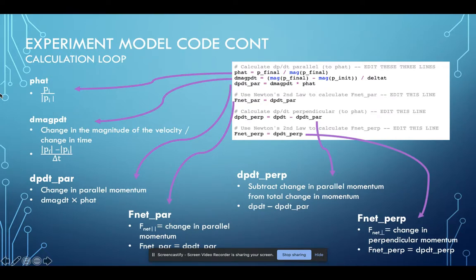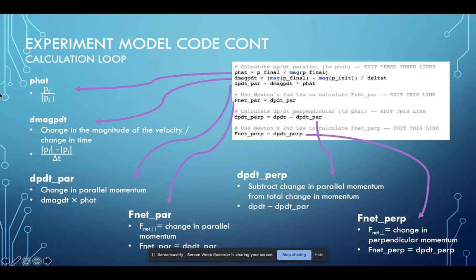So, more changes to the calculation loop. Some important ones to point out are dp dt parallel, which in this case I did the change in the magnitude of the momentum times p hat, and we can get that from the formula for a parallel force.